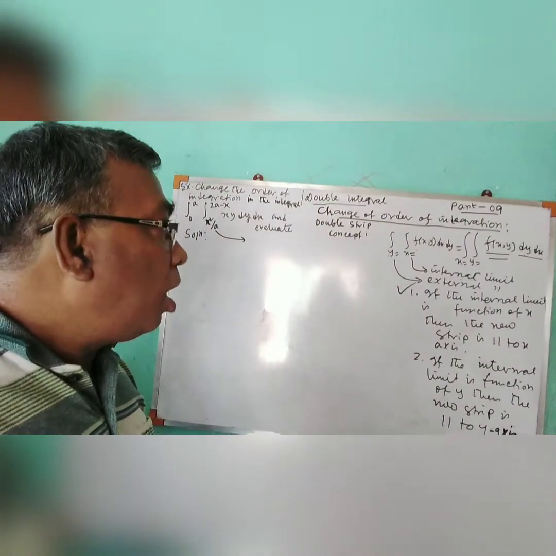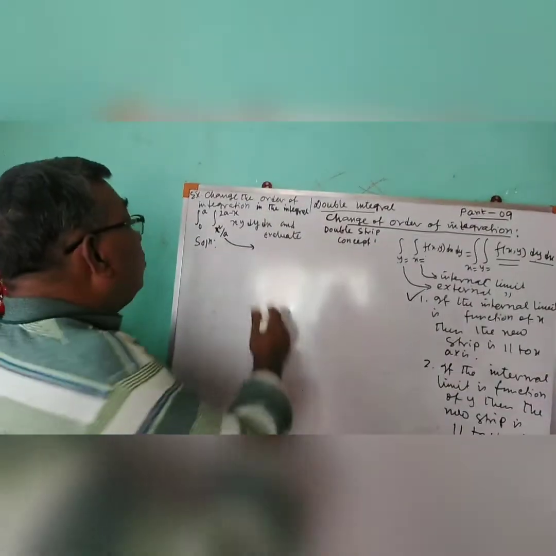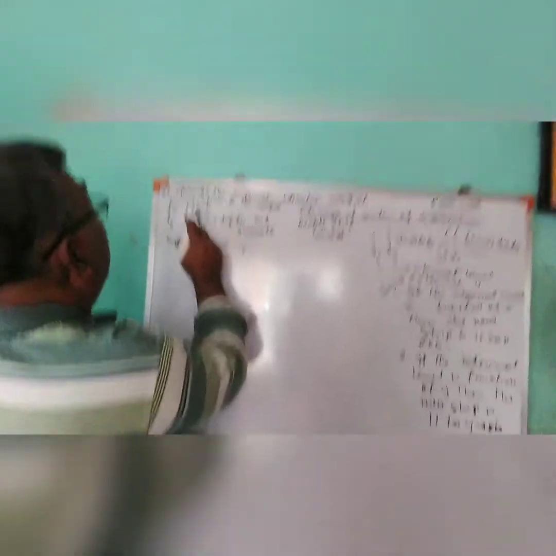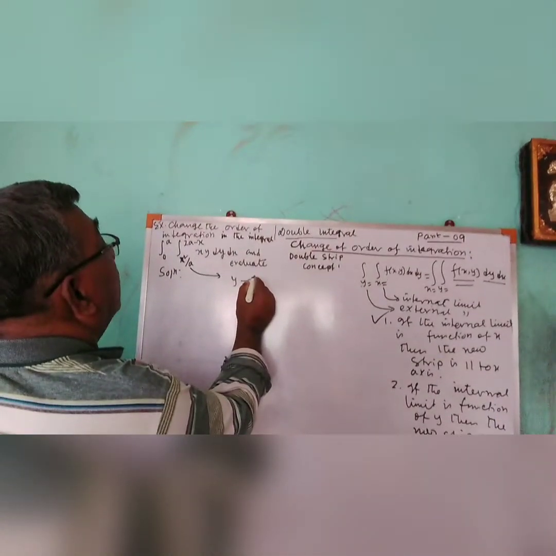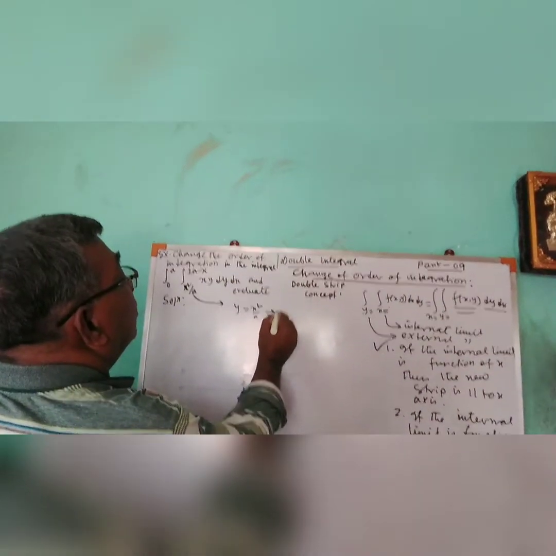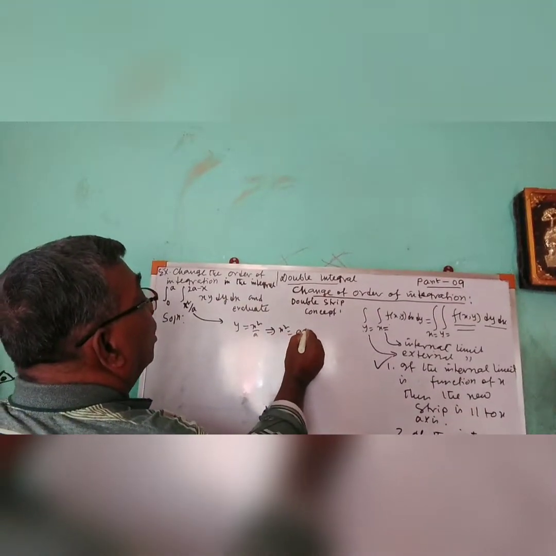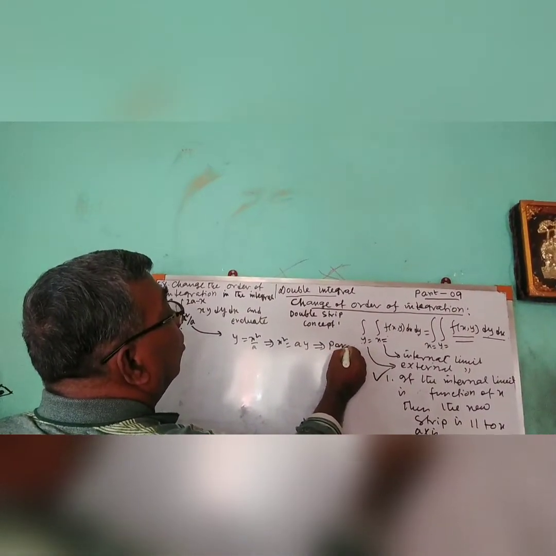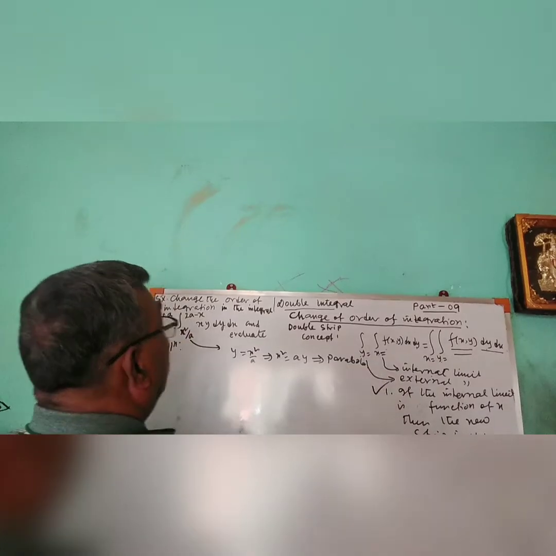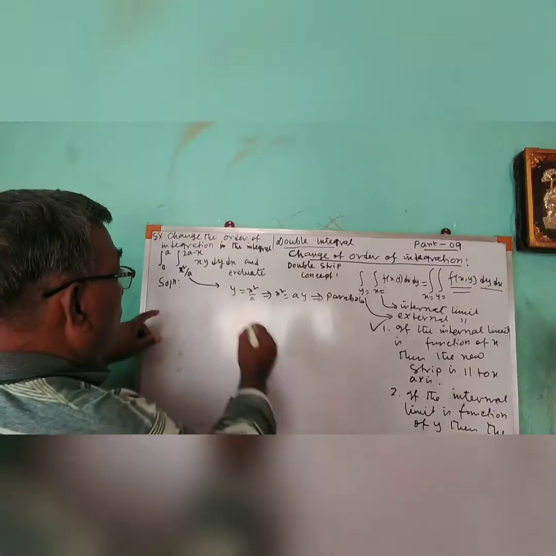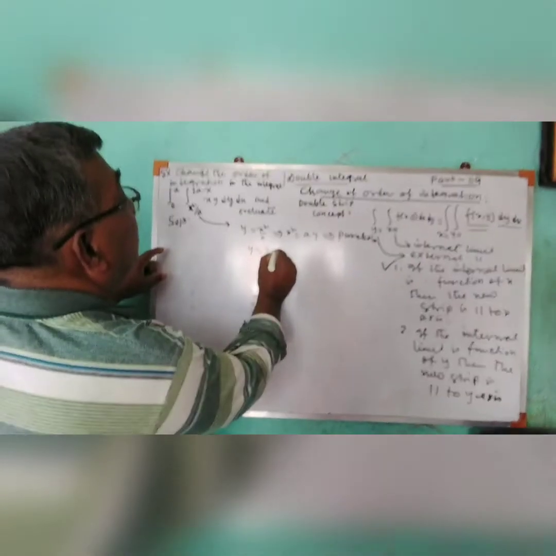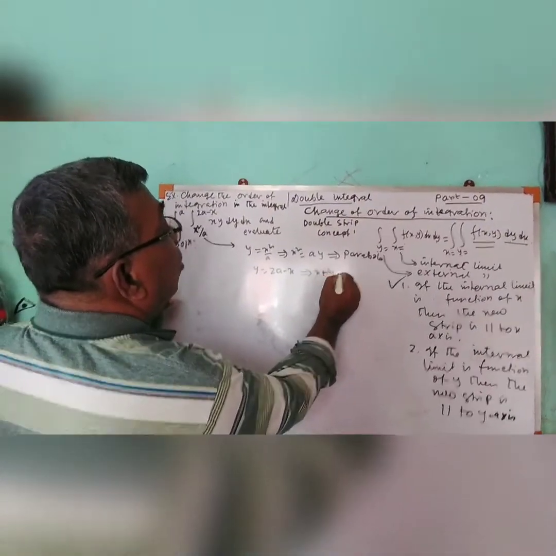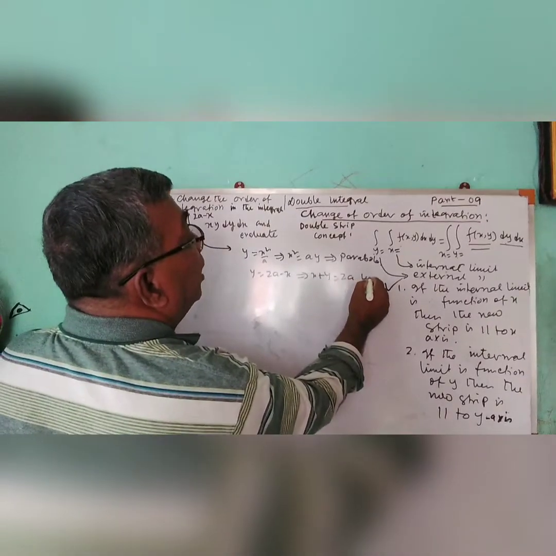Now how to do this, I am doing. Here in the internal limit, y equal to x square by a is a function of x. This becomes x square equal to ay, that is a parabola. Now y equal to 2a minus x, that is x plus y equal to 2a, which is a line equation.